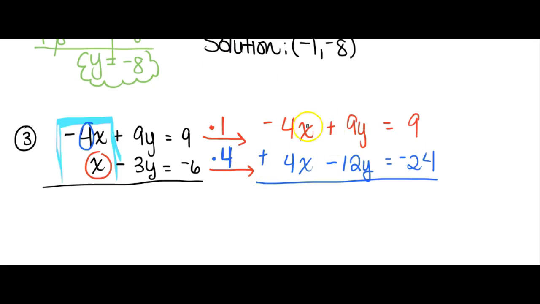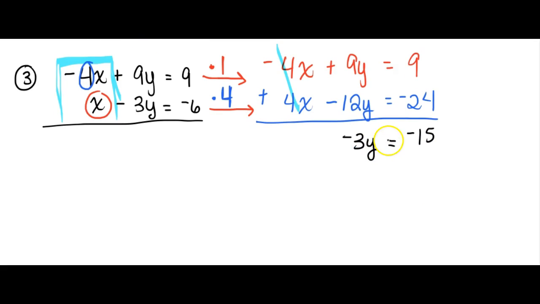And the really nice thing is when we add them, these cancel. So then I have 9 plus negative 12, which is negative 3y, and then 9 plus negative 24. So remember, you're actually subtracting because they are different signs. So let's see. 24 minus 9 is 15, but because 24 is bigger, it's negative 15.